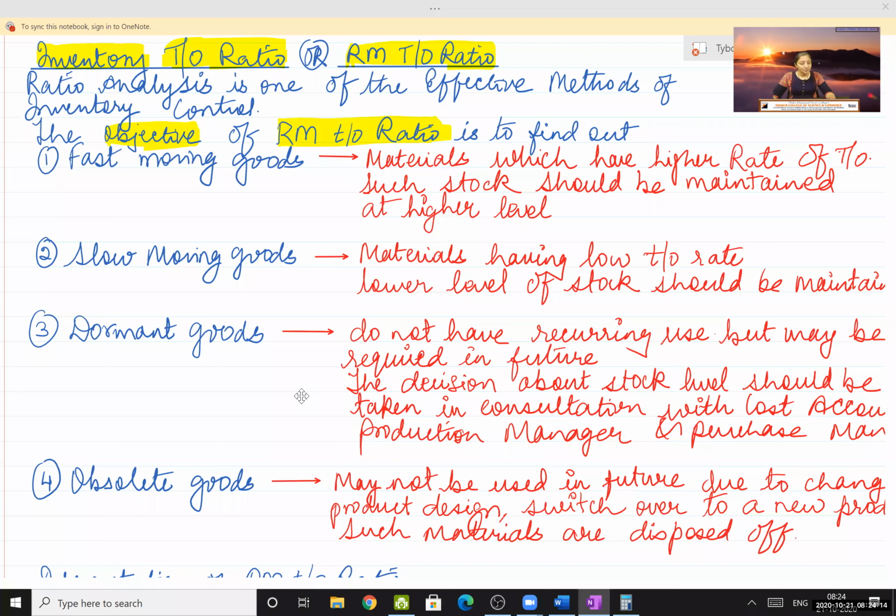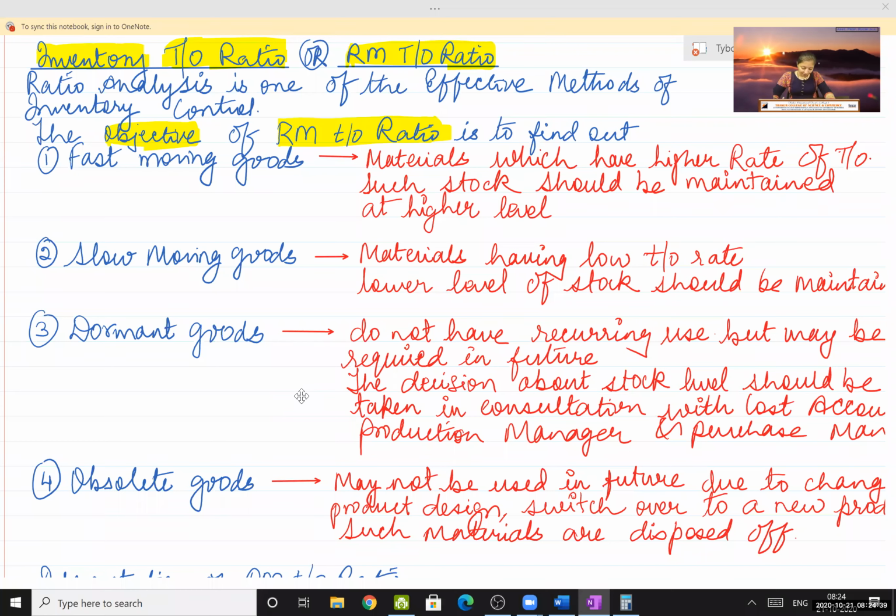Materials which have higher rate of turnover. अभी मैंने बताया, when you have higher rate of turnover, when you have higher demand for your goods, such stock should be maintained at higher level. Obviously, जब तुमको पता है कि your so and so product is fast moving in the market, obviously you should have a higher stock level for such goods. उसका raw material level तुम्हारे गोदाम में high होना चाहिए.